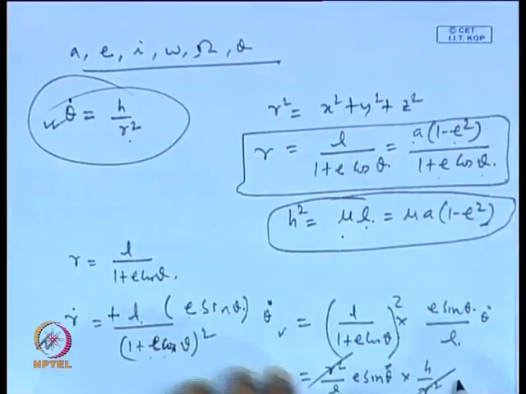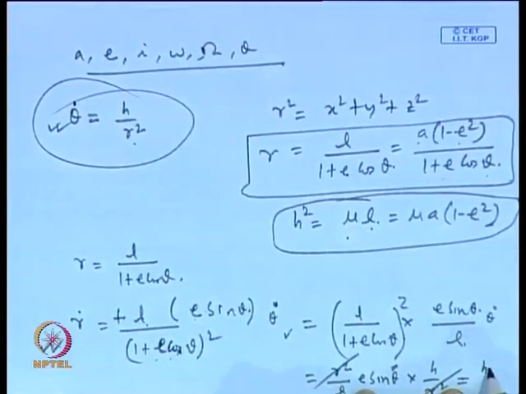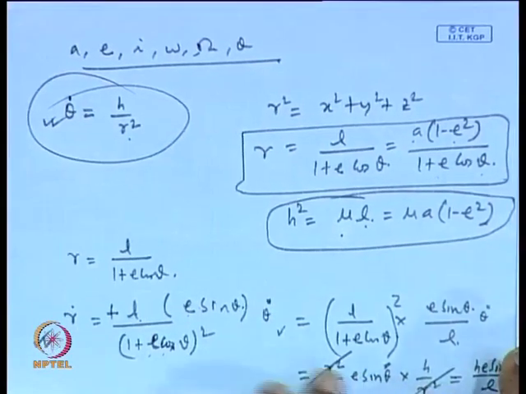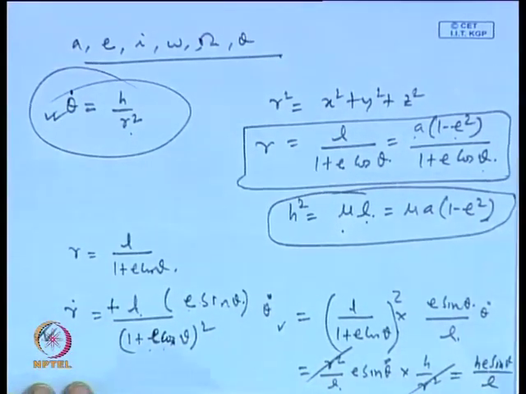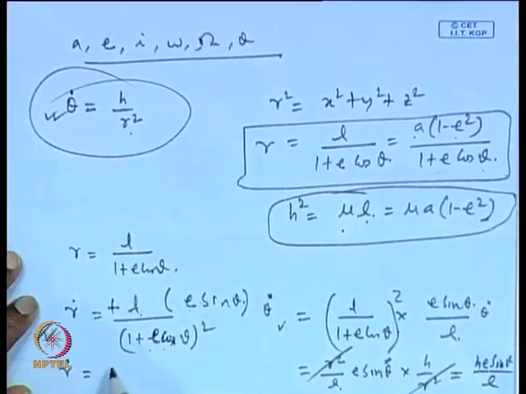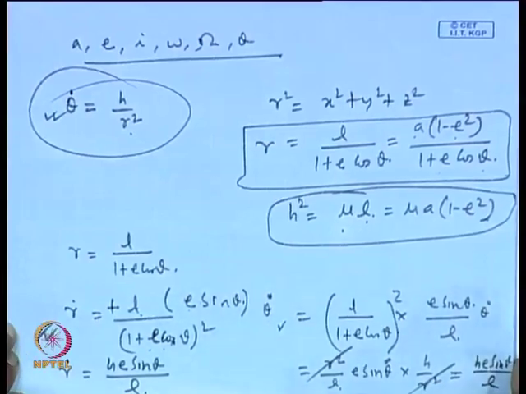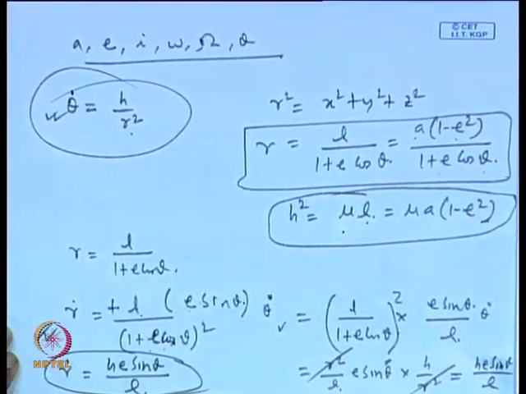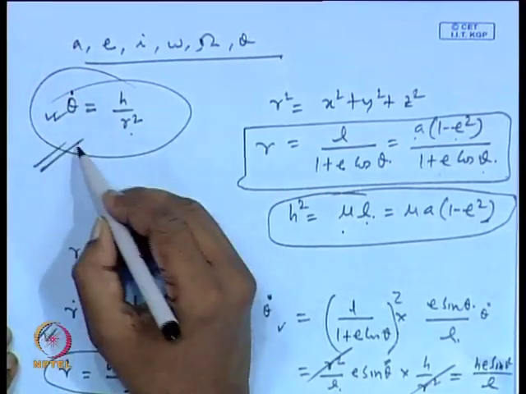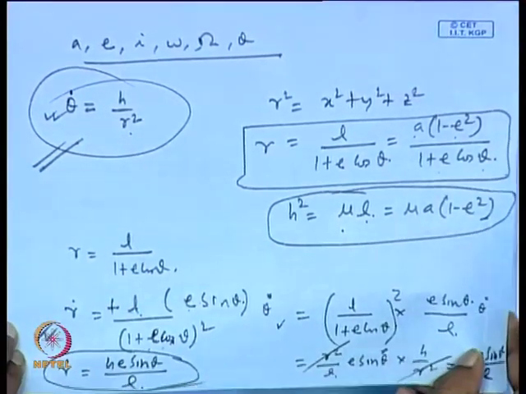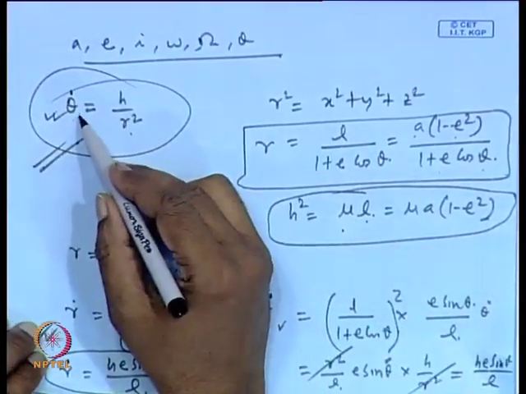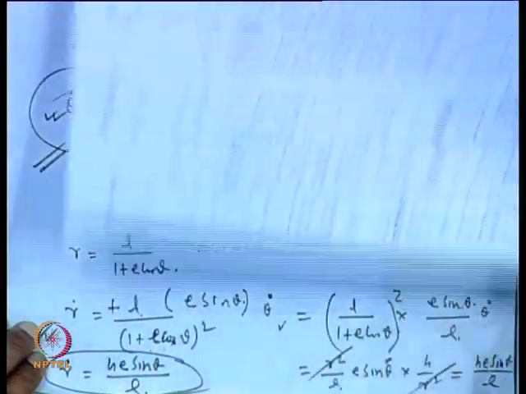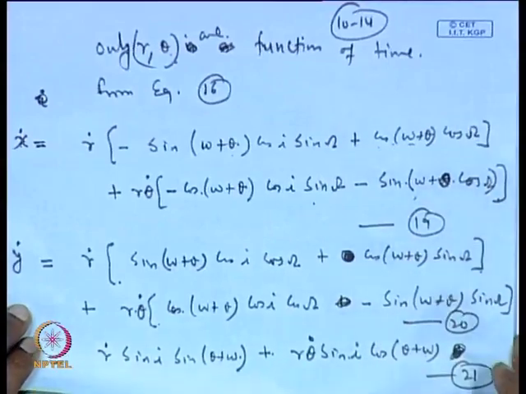So, this cancels out, leaving us with h times e sin theta divided by L. This is the final result: r dot is equal to h times e sin theta by L. So, we have got the value for r dot and the value for theta dot. Our process of orbit determination is complete.